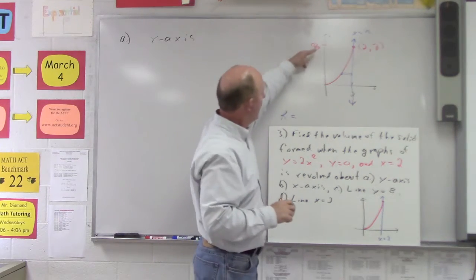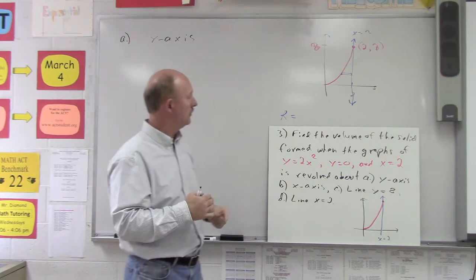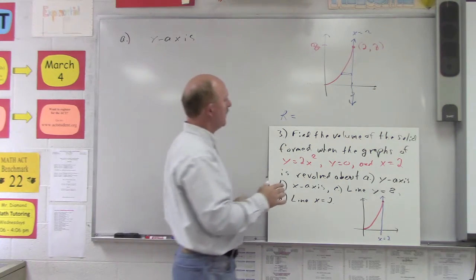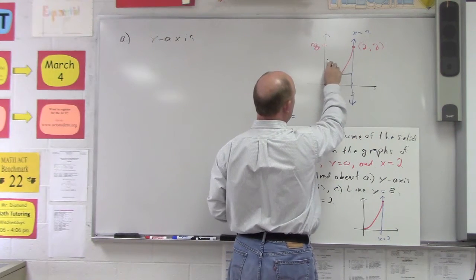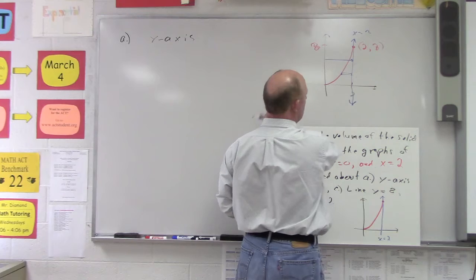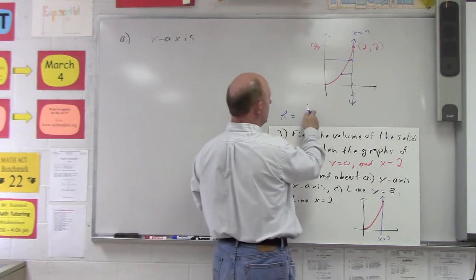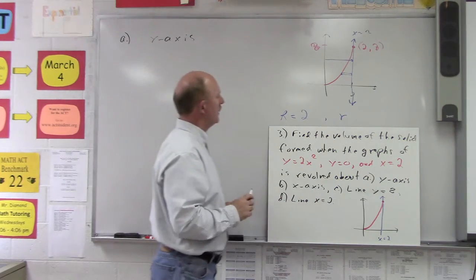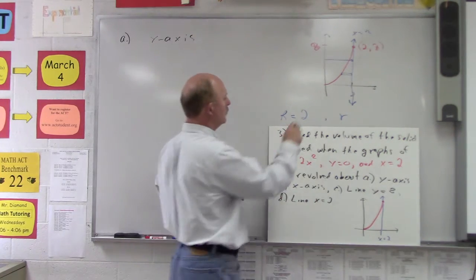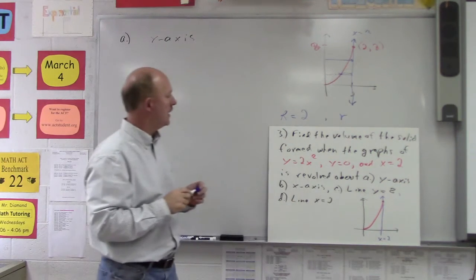Revolving this about the y-axis, the y-axis is our axis of rotation, and so the outside radius would be this distance right here. So big R is going to be 2. Now little r, the inside radius, would be this distance right here.